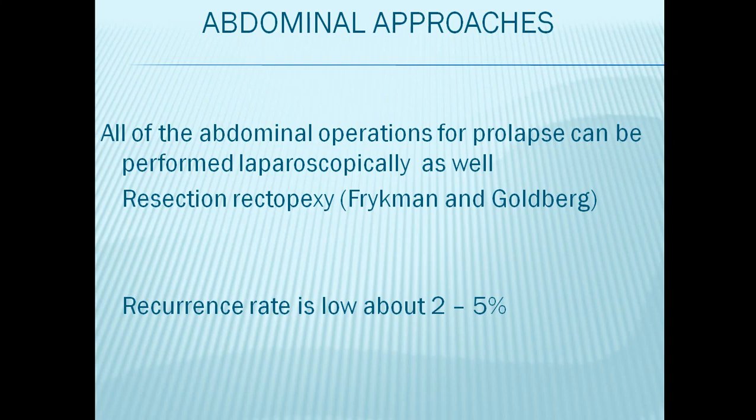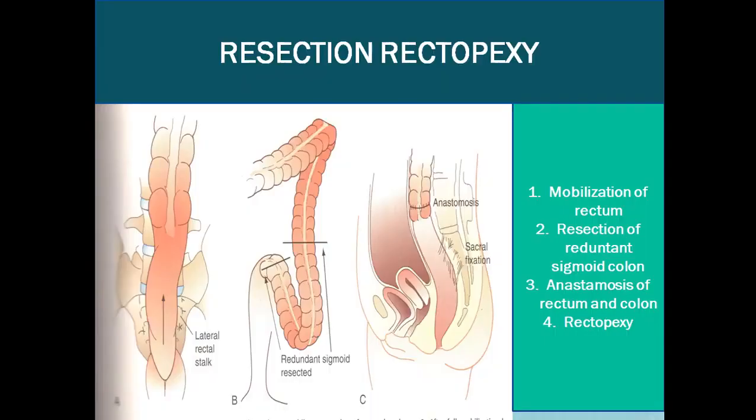That is rectopexy. This is proposed by Frykman and Goldberg, where the recurrence rate is very low, about 2 to 5%. So this is how it is done. You mobilize the rectum, the redundant sigmoid colon is resected, and the anastomosis is done between the rectum and the colon. That is resection rectopexy by Frykman and Goldberg.